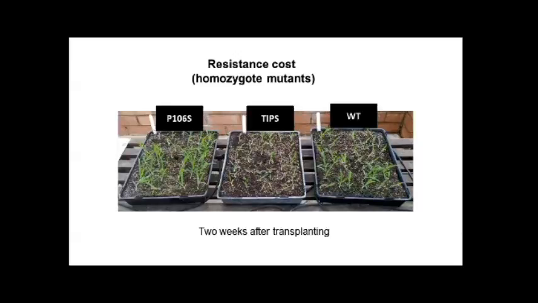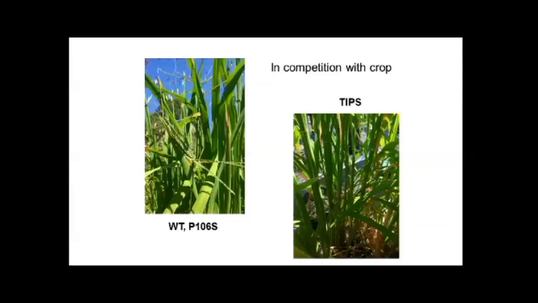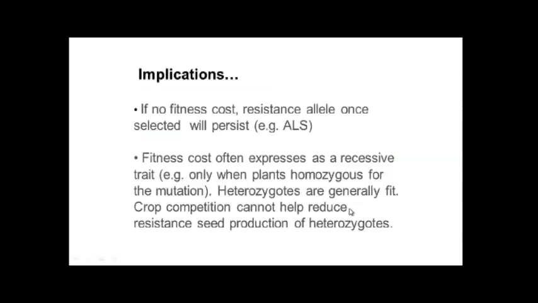This double mutation endows a fitness disadvantage, both at the seedling stage, in vegetative growth, and through to seed production, in competition with crop and for light, nutrients, etc. You can see this is the wild type, a single mutation, compared to the double mutants. It's very weak and sad.